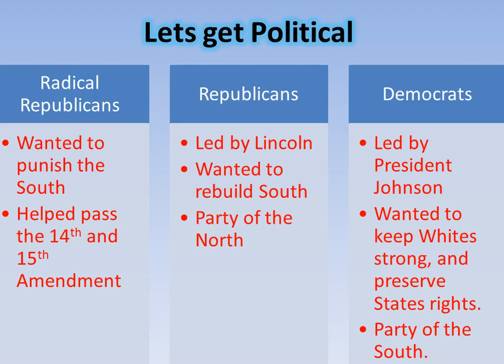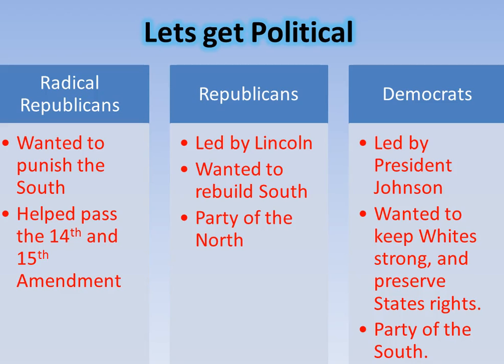Alright, so there's the Republicans. On the right are the Democrats. Should sound familiar because we still have the Republicans and Democrats today. But the Democrats during Reconstruction and post-Civil War are going to be led by President Johnson, who we'll talk about. He's actually Lincoln's vice president. And they're going to want to keep whites strong.